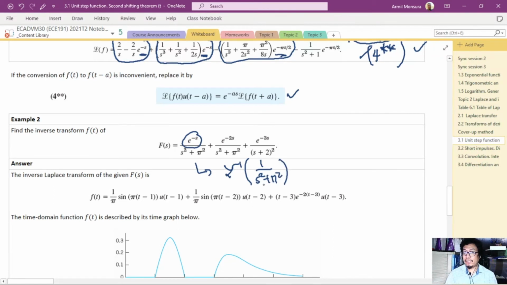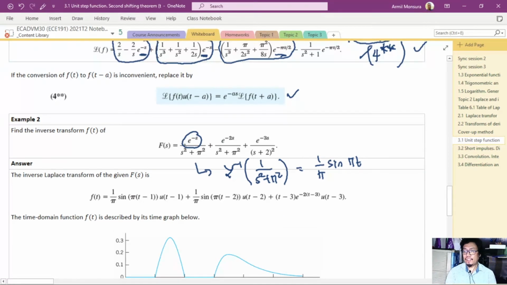And in that case, if you actually evaluate the inverse of this, this should become 1 over pi times sine of pi t. Now let's set the S domain exponential back.